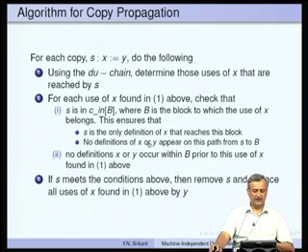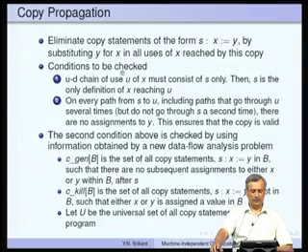Now let us look at the algorithm for copy propagation, which uses the copy data flow analysis problem results. Remember, we had to check two conditions, and I said that condition number 1 will be subsumed in number 2 during the solution of the data flow analysis problem.